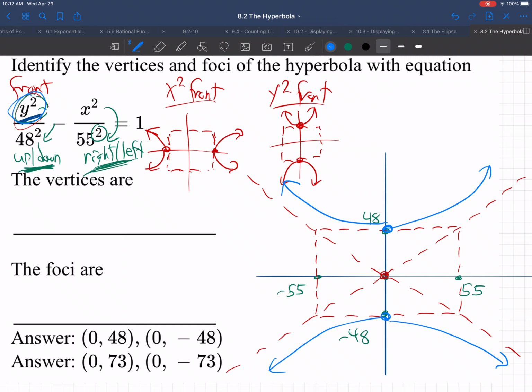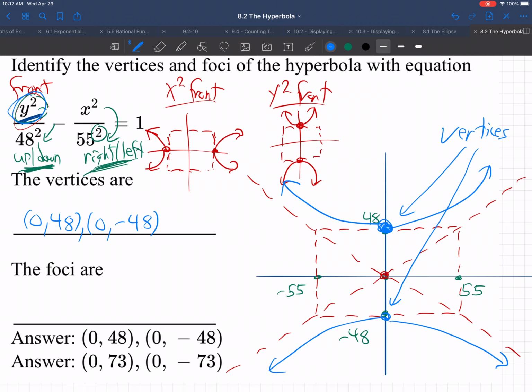Okay, so what are the vertices? Well, the vertices are these two points here. Vertices are this and that. What are the coordinates of that? Over 0, up 48, and over 0, down 48. So there are the coordinates of the vertices. Now, where are the foci points?